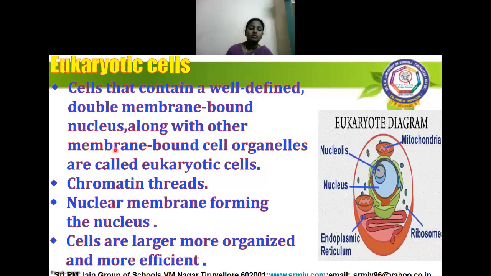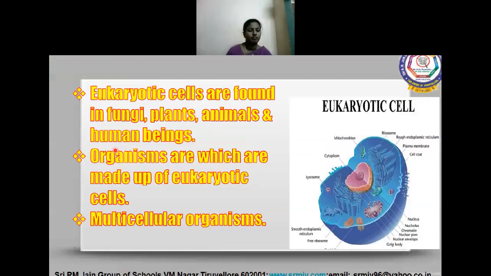Cells are larger, more organized and more efficient. Eukaryotic cells are found in fungi, plants, animals and human beings. Organisms made up of eukaryotic cells are multicellular organisms. That's all about the eukaryotic cell.